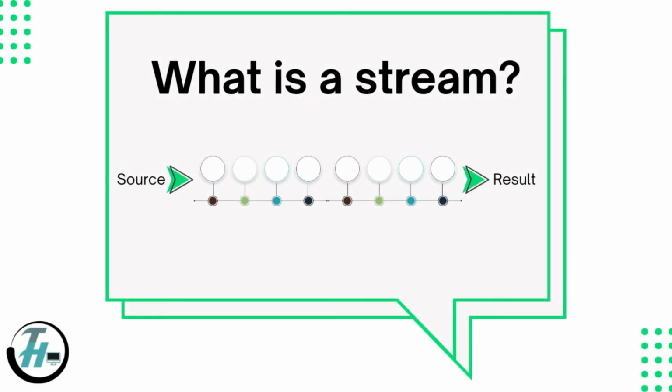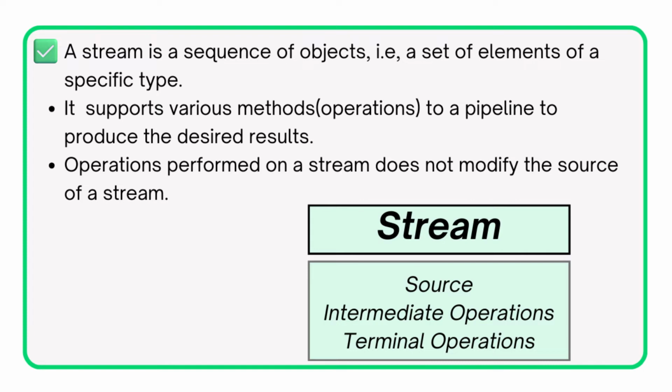What is a stream? As I mentioned before, a stream is a sequence of objects, that is, a set of elements of specific type. In other words, a collection like a list of strings or set of integers, etc. As you can see here, a stream consists of a source, a set of intermediate operations, and a set of terminal operations.